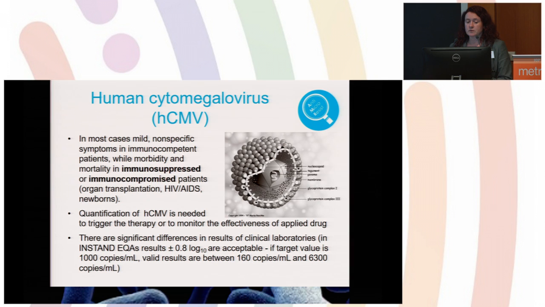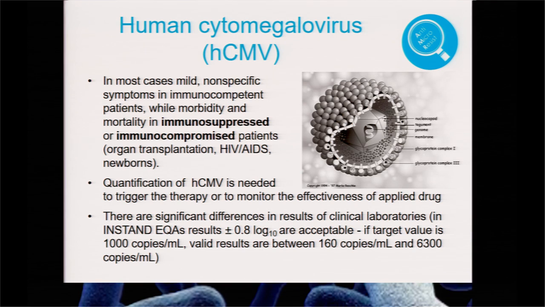So this virus in most cases causes mild non-specific symptoms or even no symptoms at all if you are an immunocompetent, healthy person. The story is completely different in immunosuppressed or immunocompromised patients. These are organ transplant patients or patients with HIV or newborns.